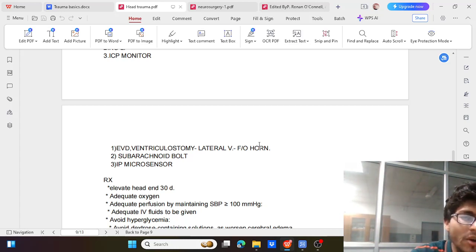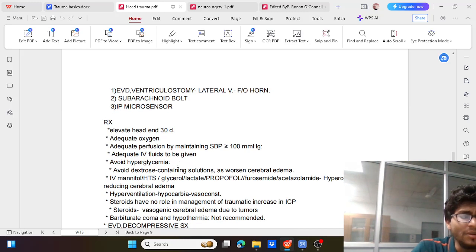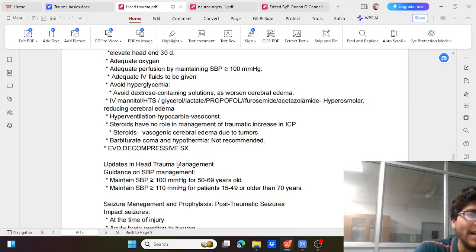So in the frontal or occipital horn of the lateral ventricle, we do the ventriculostomy or external ventricular drain is put, or we can put a subarachnoid bolt or an intraparenchymal microsensor. These are some advances. So this is how we monitor ICP.